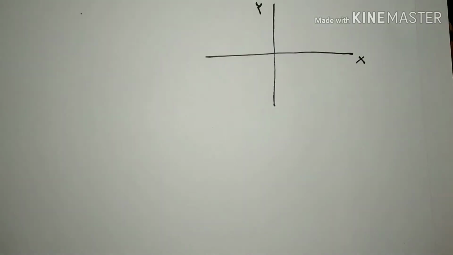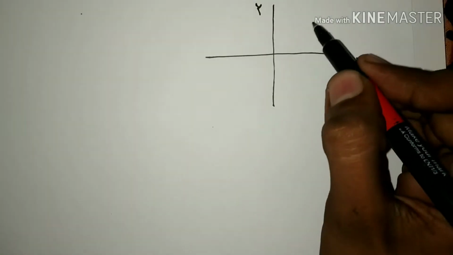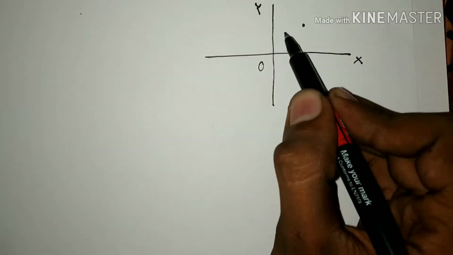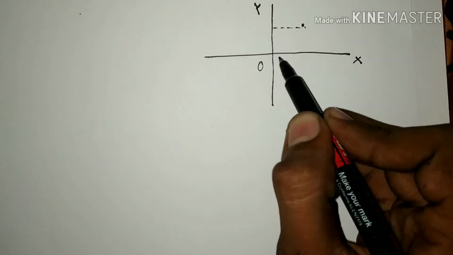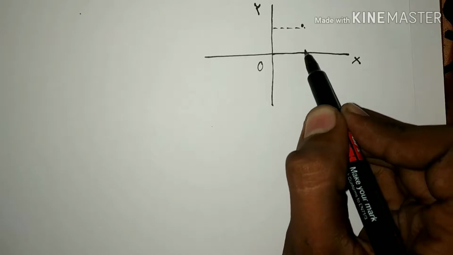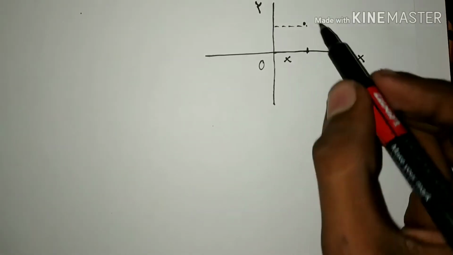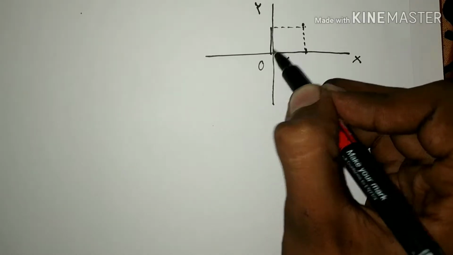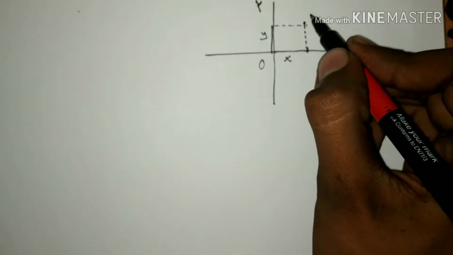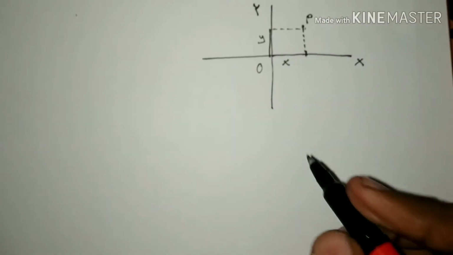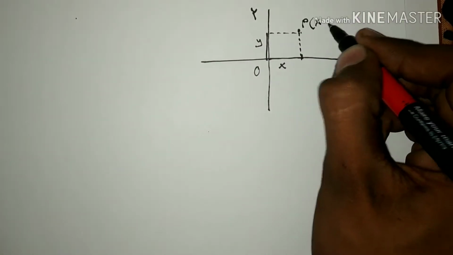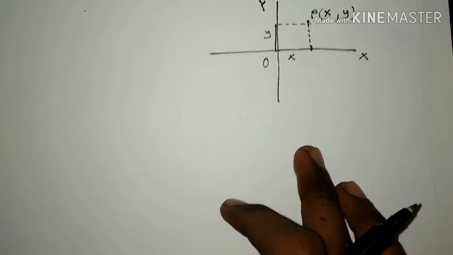If we take a point and we have the origin, we measure its length along the x-axis, called the x component, and its length along the y-axis, the y component, and we represent the point P by the x coordinate and the y coordinate.